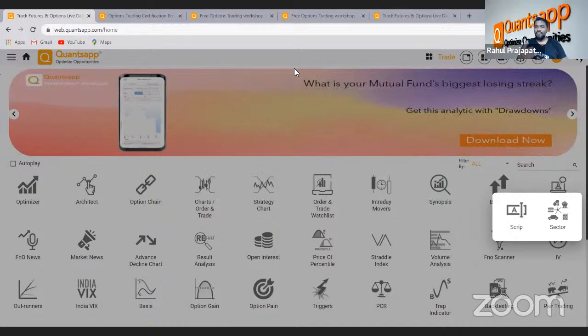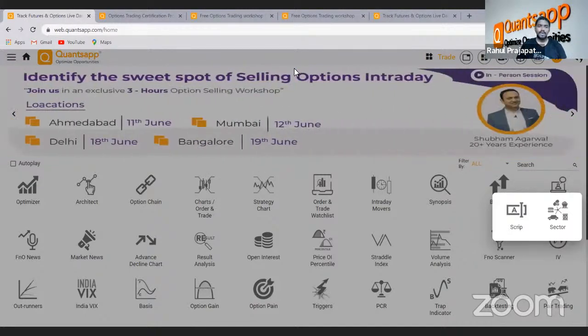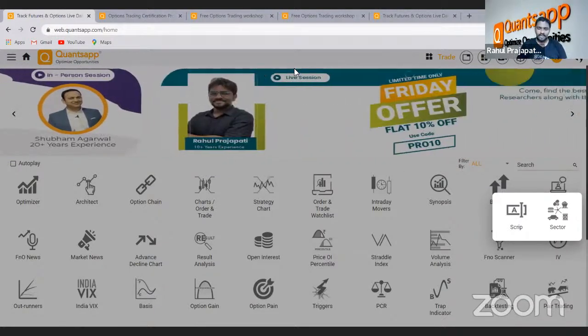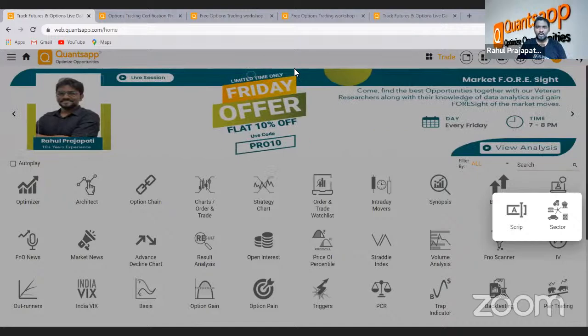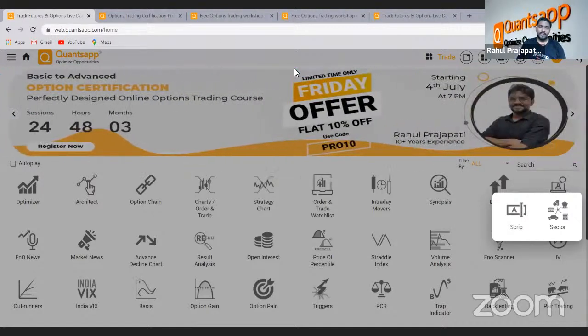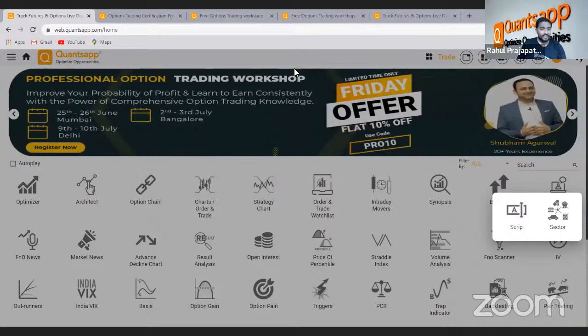I've talked only about one topic today. There are other tools, so keep on attending different webinars. We'll keep talking about other topics, such as how to analyze one particular stock, or only Nifty and Bank Nifty, and what different tools might help you in that case.